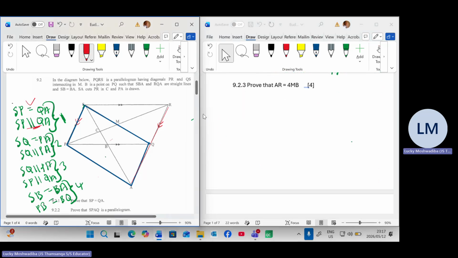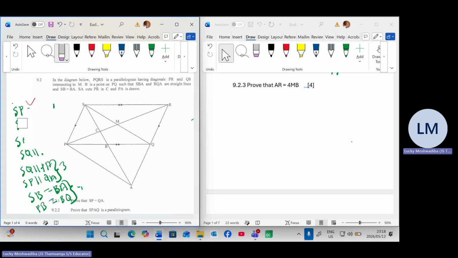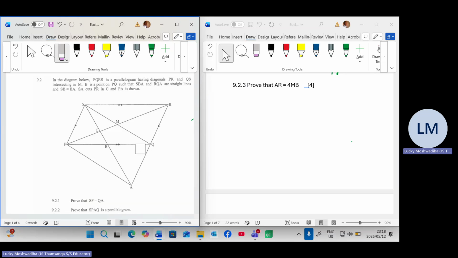Let's go to question 9.2.3, whereby we require to prove that AR is 4 times MB. Let me remove, guys, as I've already said, I hope you do remember the things that we talked about, because I may need to redraw another lines so that I demonstrate the things that I talk about.